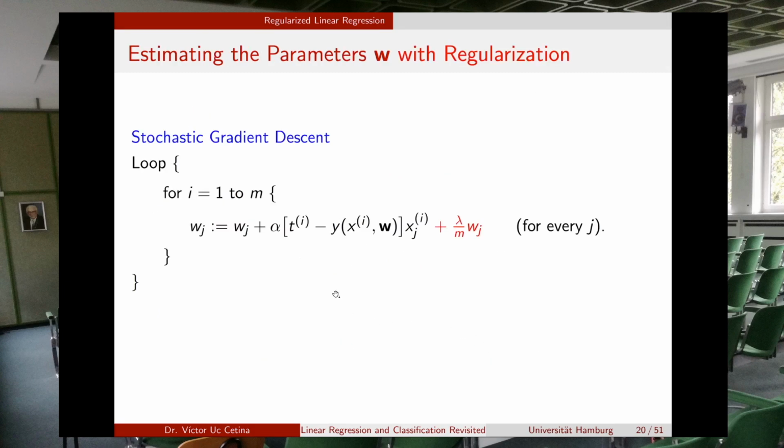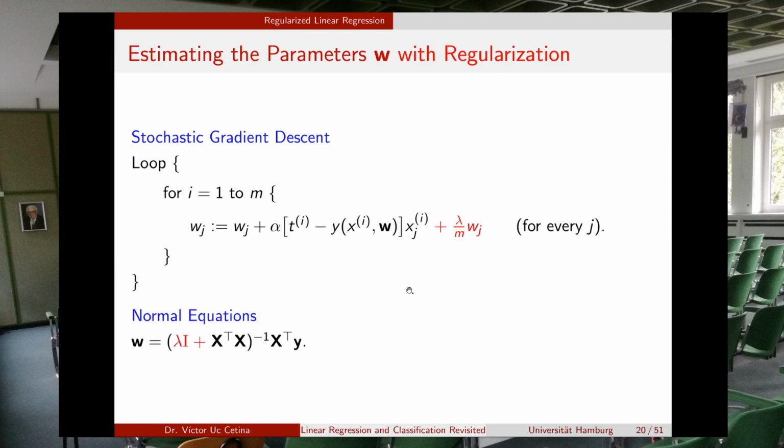So if you want to implement a regularized version of stochastic gradient descent, all you need to do is to add this term in your update rule, where lambda is how important the size of the parameters is going to be, and m is the number of examples that you have. This lambda is another constant that you will need to discover which is the best one for your dataset.